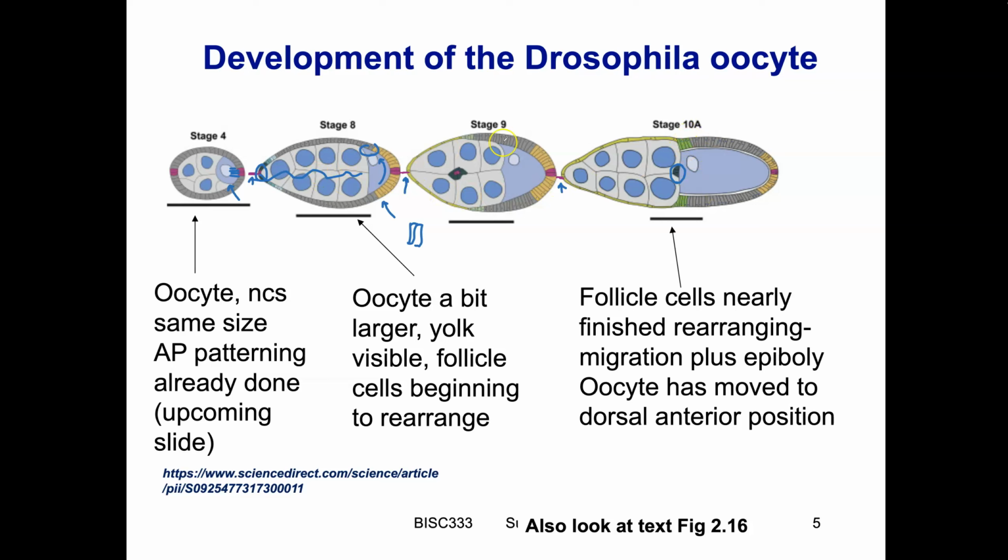So there are a number of different things going on that we're going to talk about. This is what it looks like, and we will just cover a little subset of the actual signaling that's going on during this process.